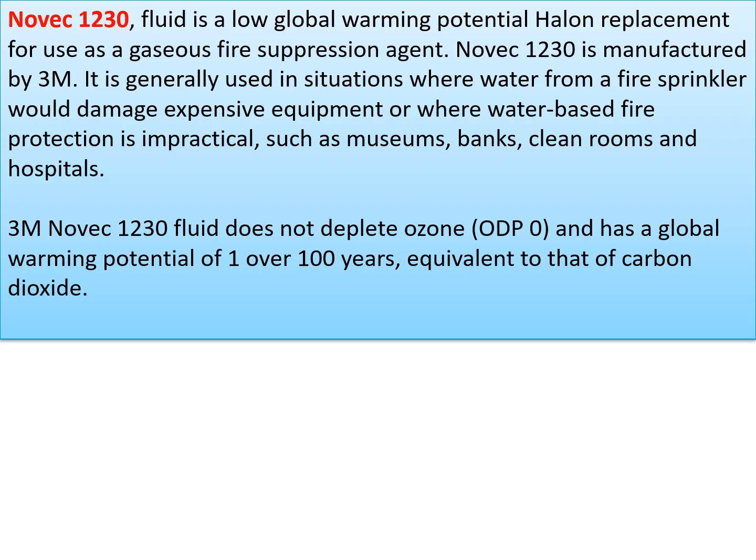It is generally used in situations where water from a fire sprinkler would damage expensive equipment or where water-based fire protection is impracticable, such as museums, banks, clean rooms, and hospitals. 3M's Novec 1230 fluid does not deplete ozone, zero ODP, and has a global warming potential of 1, averaged over 100 years. It is equivalent to that of carbon dioxide.